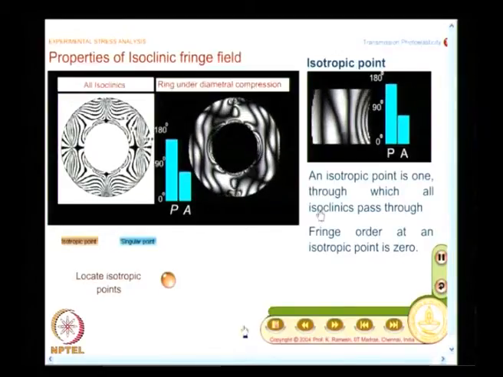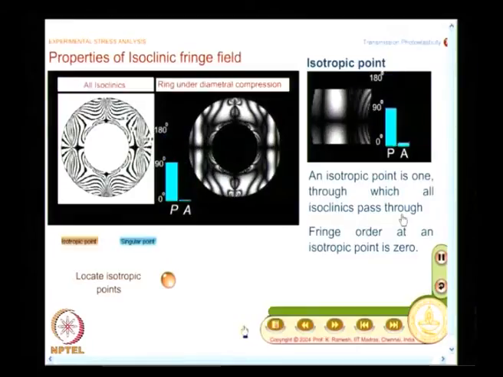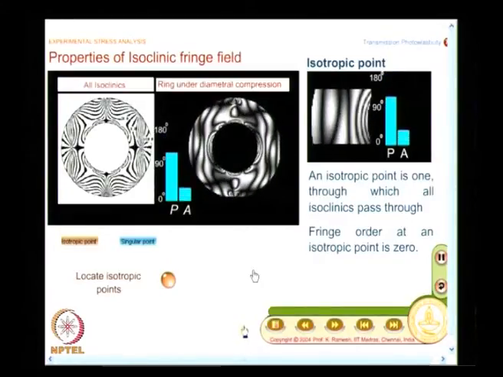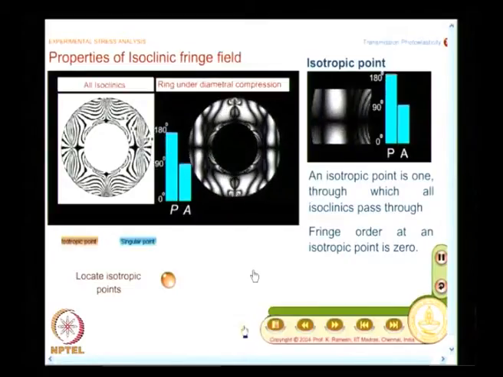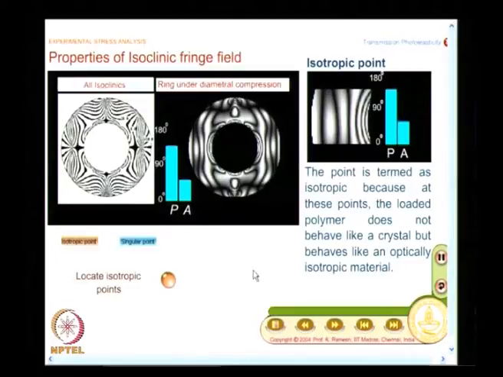So, what we find here is an isotropic point is one through which all isoclinics pass through, and whenever you have a rule there will be an exception. The load application points are not to be considered as isotropic points. And why do you call this an isotropic point?